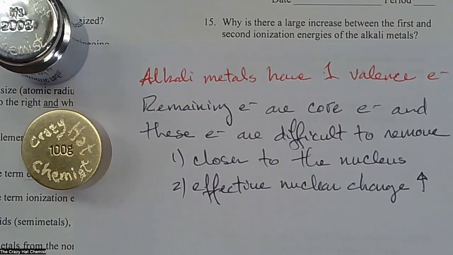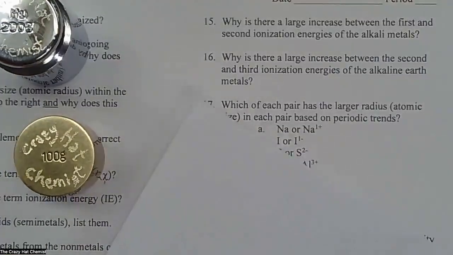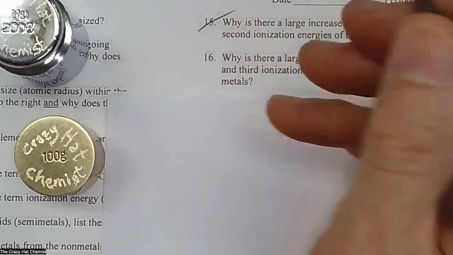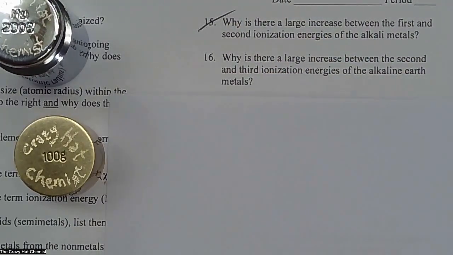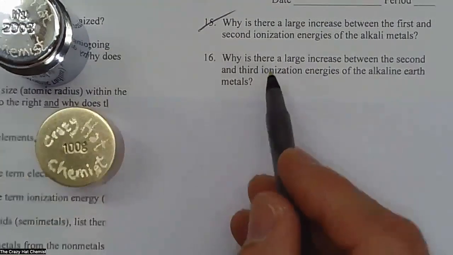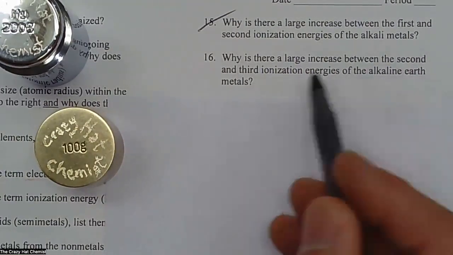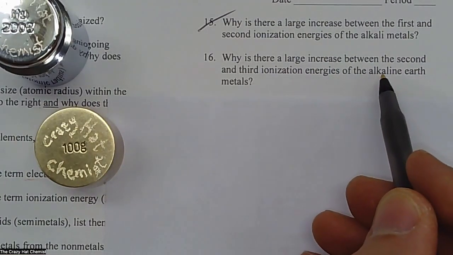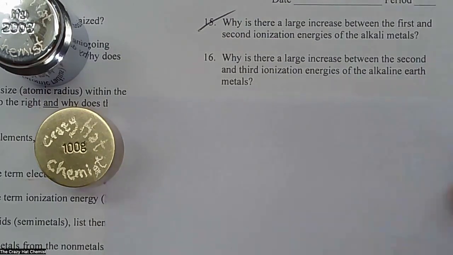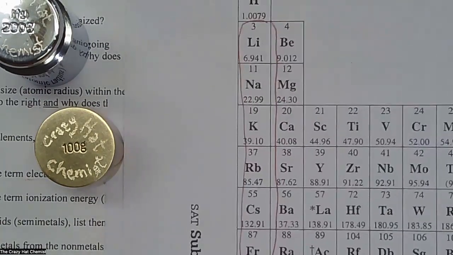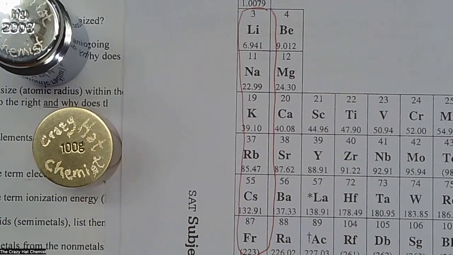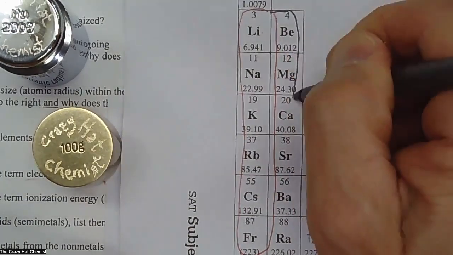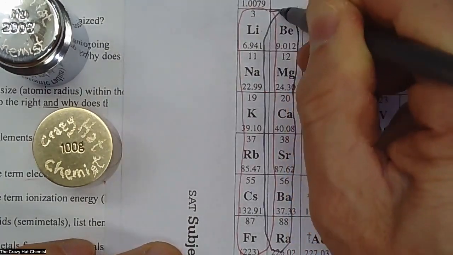Hopefully we got that. Let's see if we can handle the next question. That's number 15. Now let's go to number 16. Why is there a large increase between the second and third ionization energies of the alkaline earth metals? So we're going to go back to our periodic table and figure out what the alkaline earth metals are. The alkaline earth metals are group number 2.